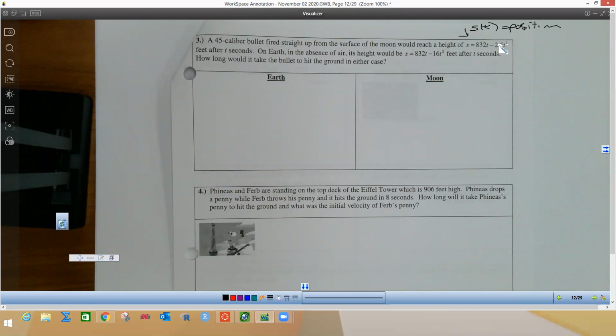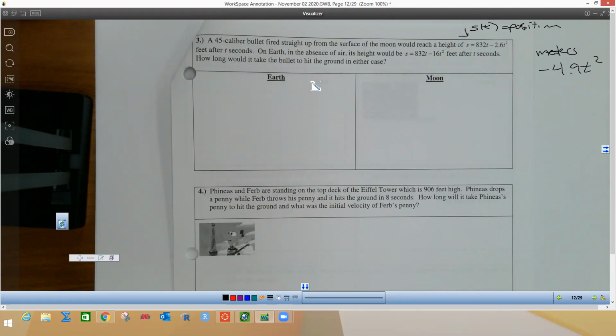On the moon, which has less gravity, it's negative 2.6, and on Earth, we're bigger, there's more gravity, it's negative 16 when you're talking feet. And by the way, when you're talking metric, I should put the word meters, that leading term is negative 4.9 t squared, which is in your notes.